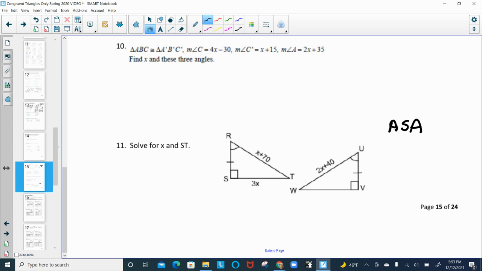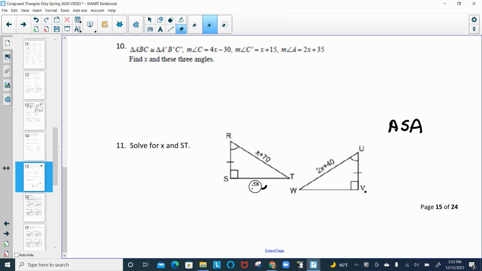Now, we don't necessarily need a congruent statement for this. And the reason that we don't is because if we look for the x, we have an x here, but if you notice, ST and WV are congruent partners. We don't know what WV is.